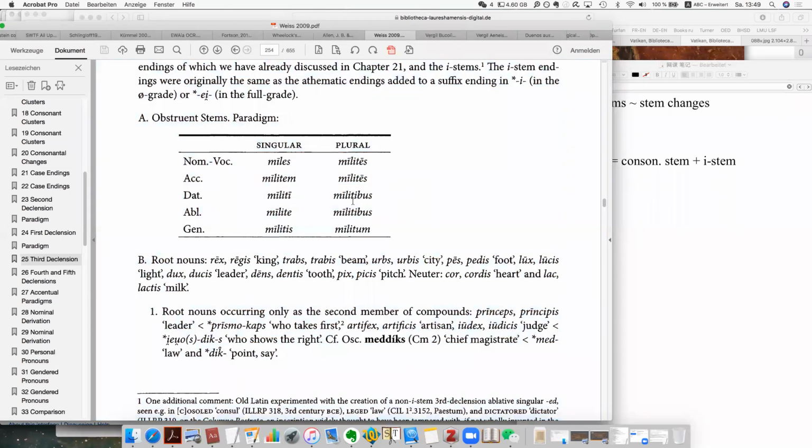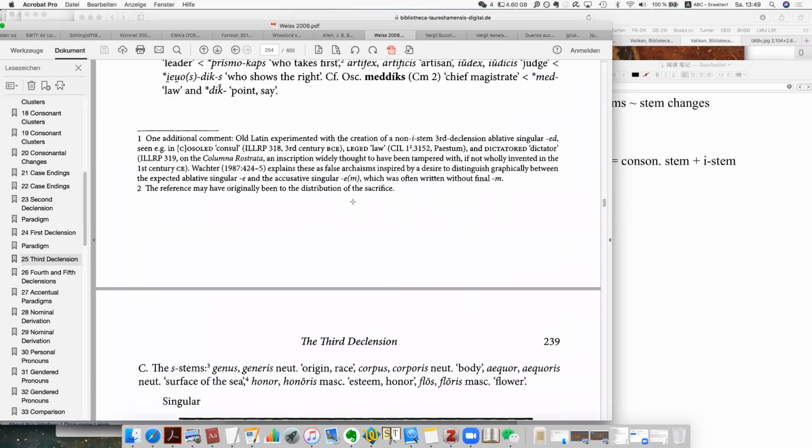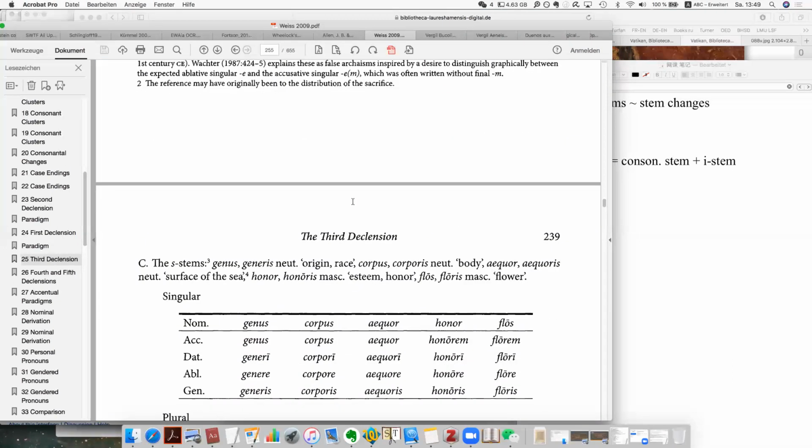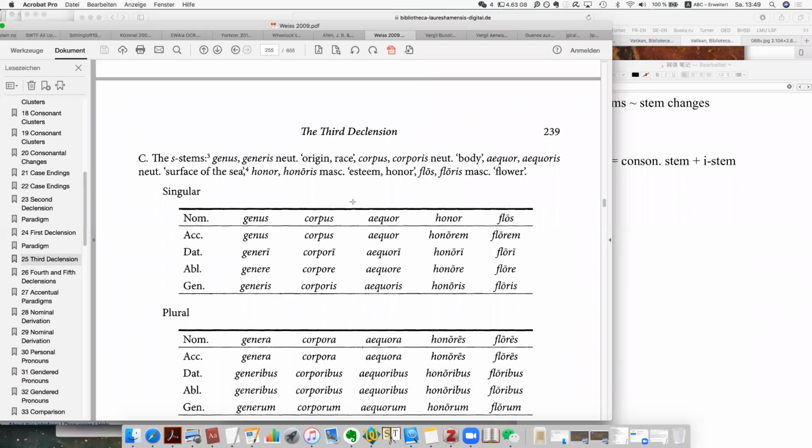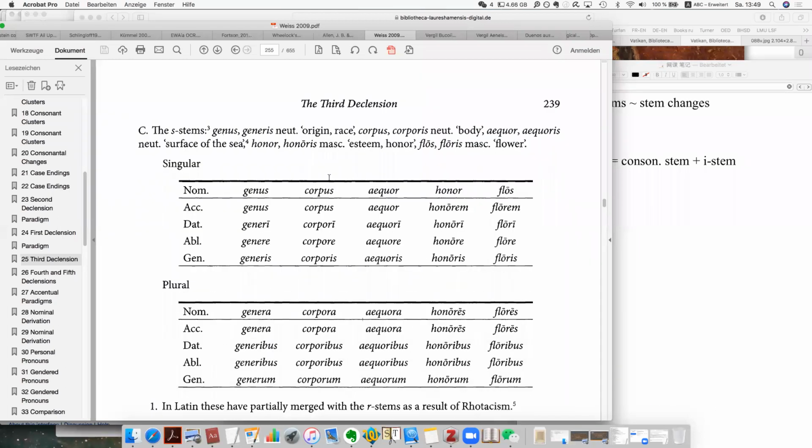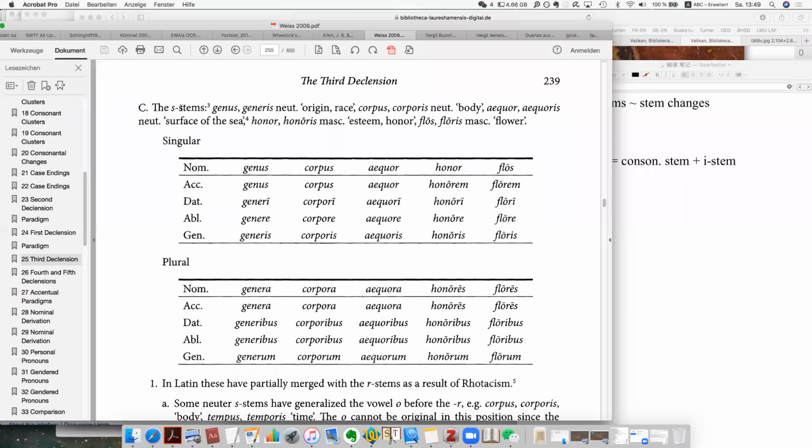And also, if we check, this is also the third declension, another word called genus, or origin, or race. And you find it here, genera.